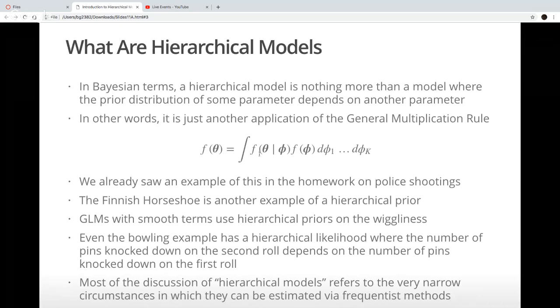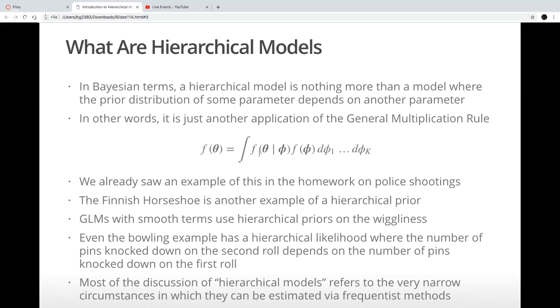It's basically just stringing out, you know, with bowling you only have 2 rolls in a frame, but some other process might be step 1, step 2, step 3, step 4, and step 4 is conditional on step 3 and all that other stuff. So hierarchical models are something that we've already indirectly dealt with.